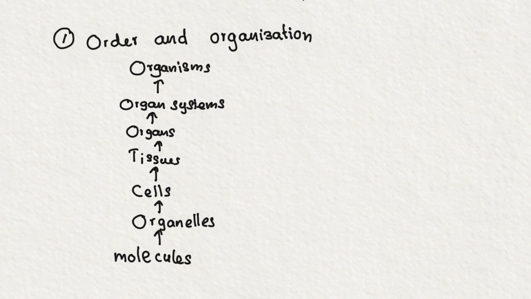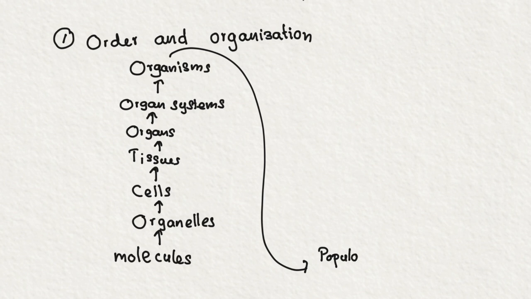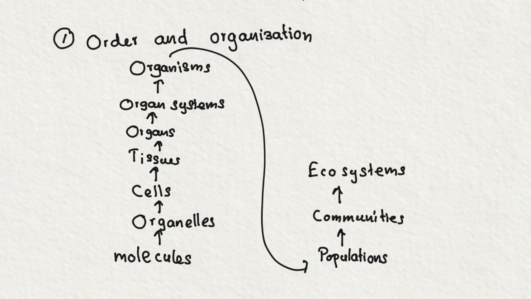I will draw it here because I don't have space here. Organisms form populations, like human population in a certain area, populations, and then different populations form communities, ecosystems, finally biosphere.